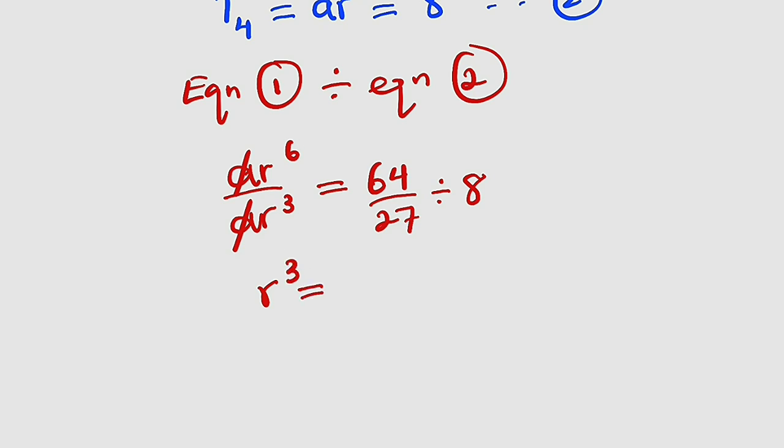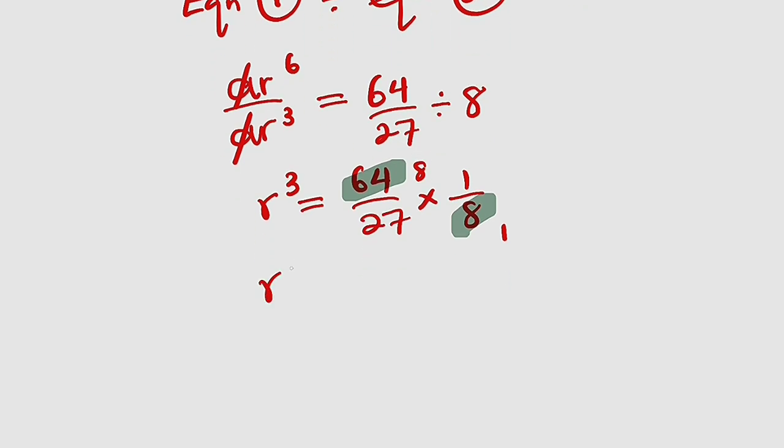We change this to multiplication and take the reciprocal: 64 divided by 27 multiplied by 1 divided by 8. 8 divides itself 1 time and divides 64 exactly 8 times, so we have 8 divided by 27.